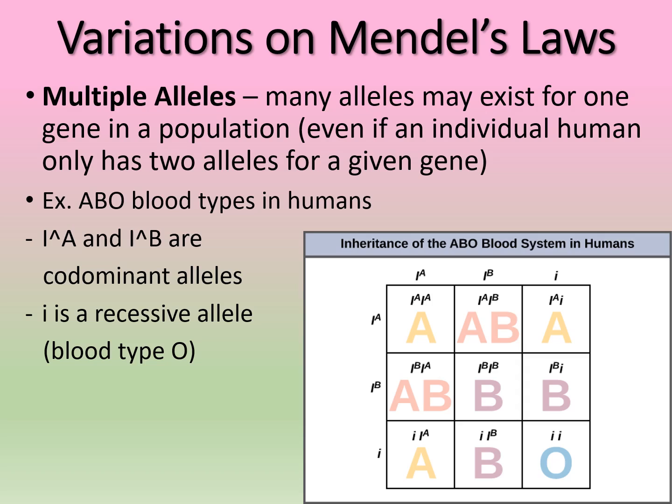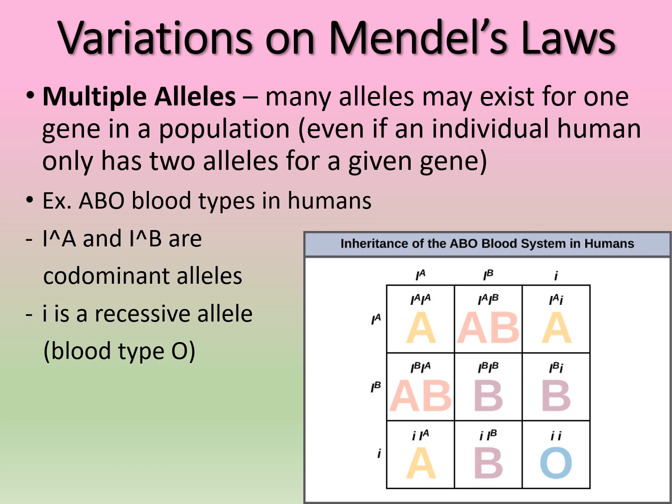So if we work our way through this little table, it's just showing you all the individual options that a person could have, because we're always going to only have 2 alleles, right? So if a person has a blood type A, it's always going to have the big I with the big A, and then another big I with a big A, so that's the dominant homozygote, right? Or you could have a big IA with a little i, because that's going to be dominant over the little i.